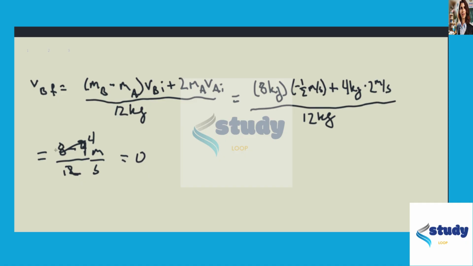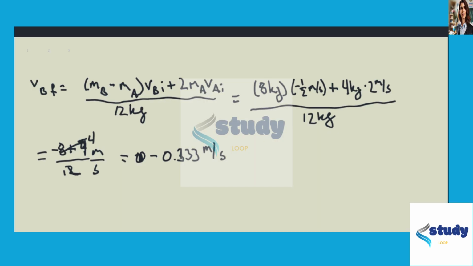So negative 1/3, 0.333 meters per second.